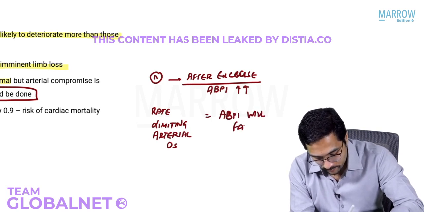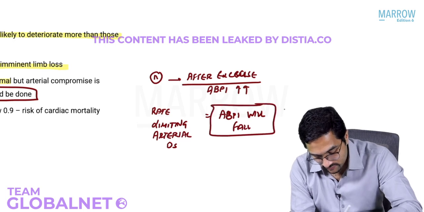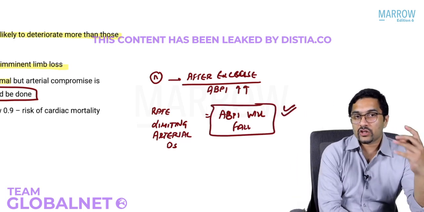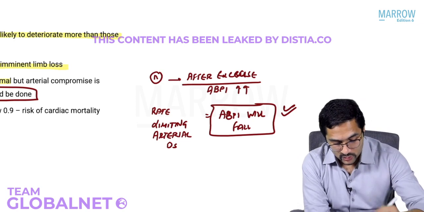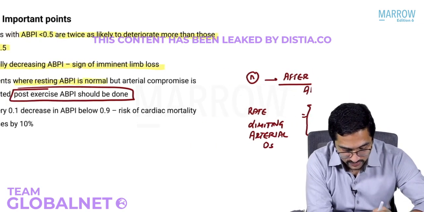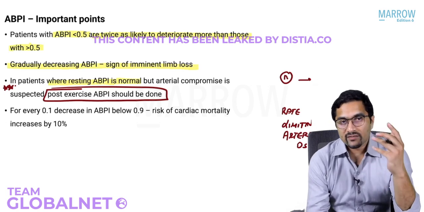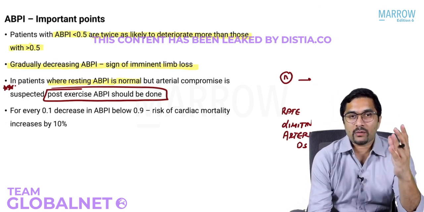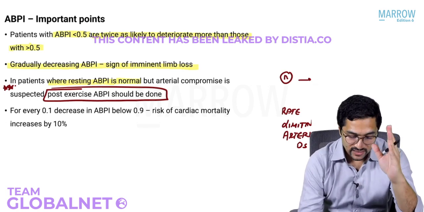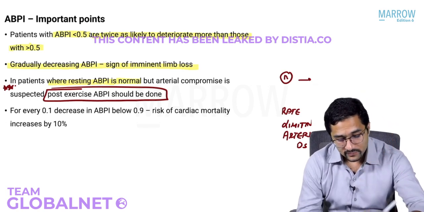And this can predict that these patients will develop major arterial issues in the future. So wherever you have a doubt whether arterial problems are there or not, you do post-exercise ABPI, and if there's a fall in ABPI of more than 20%, that means the patient has arterial problems.